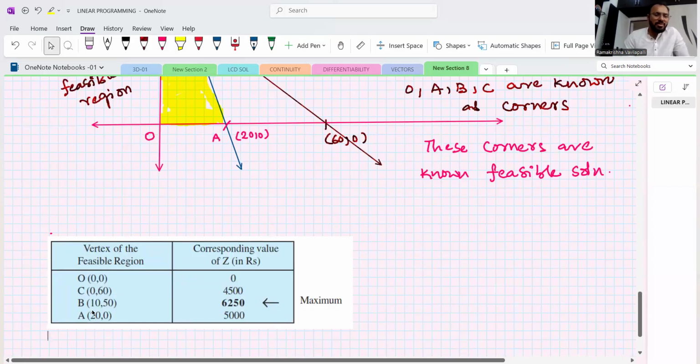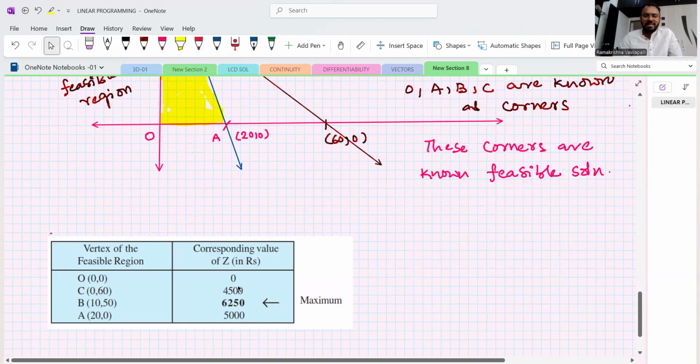I am just substituting one value, that is O. First substituting origin, nothing but you are not buying any chairs, any tables, then you will get nothing. And if you buy only chairs, you will get a profit of 4,500 rupees.